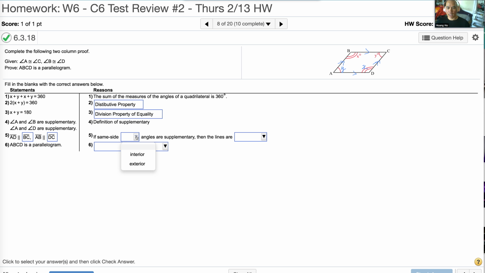Same side interior angles are supplementary, and then the lines are parallel. So ABCD is a parallelogram, by definition. Okay, that's it.